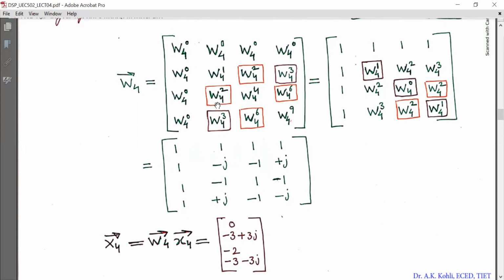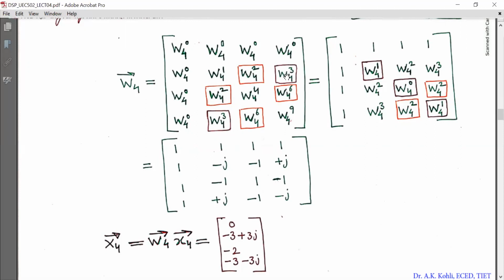Here I have W raised to power 2 at 2 positions, W raised to power 6 at 2 positions, and W raised to power 3 at 2 positions. Now W raised to the power 6, I can use the periodicity property and convert to W raised to power 2. Now I have W raised to power 2 at 4 places: 1, 2, 3, 4.